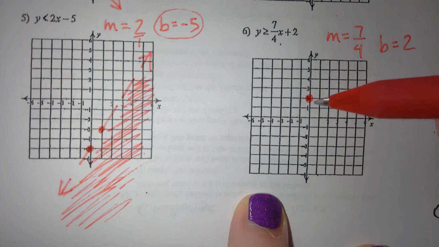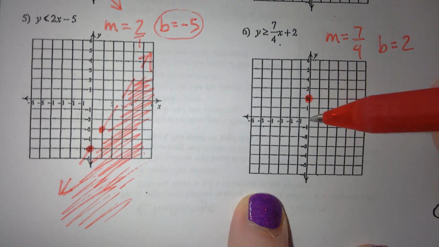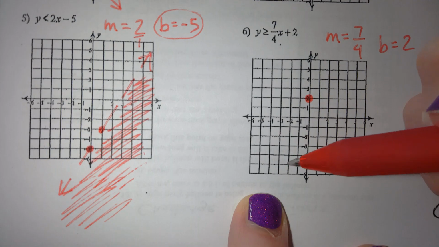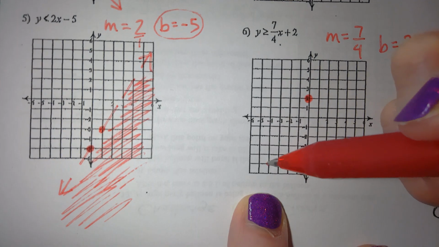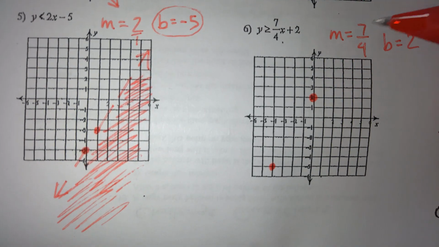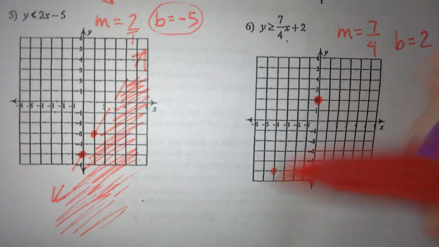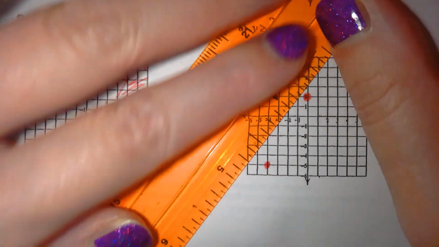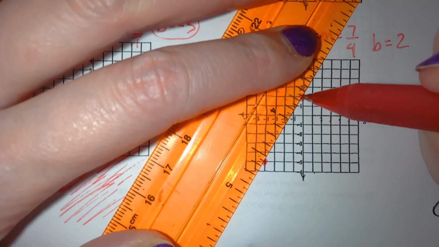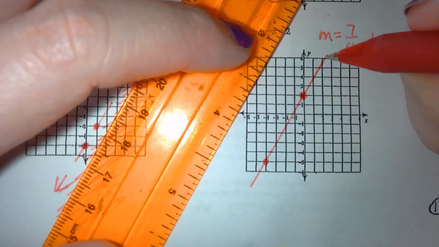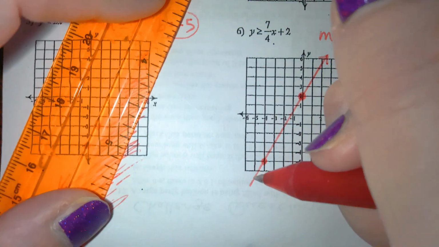Ivan? Go down and to the left, right. So 1, 2, 3, 4, 5, 6, 7. 1, 2, 3, 4. That's because I know positive slope, my line rises to the right. So I know the direction of my line. So I know this is the same as going up 7 and to the right 4.